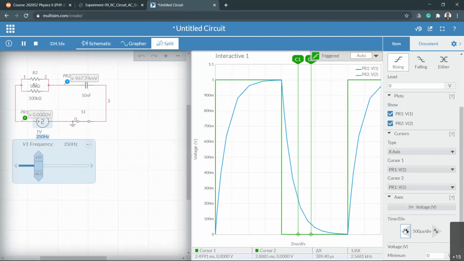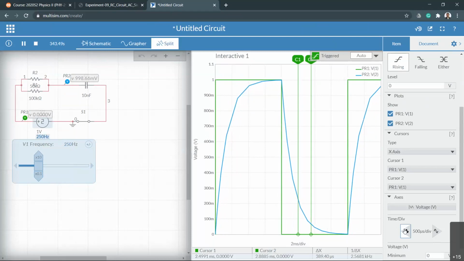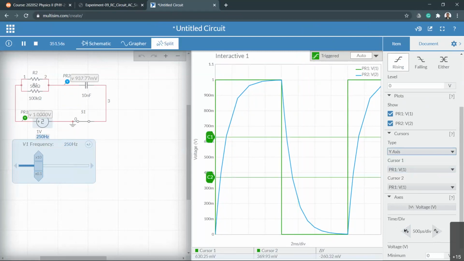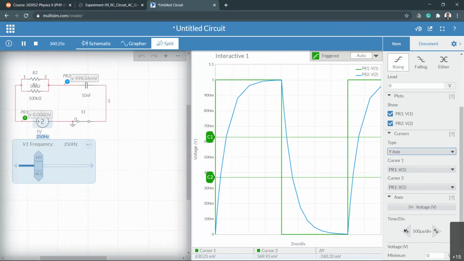All right, then let's measure. Anybody have any problem or difficulty? Now again the same thing. First put the cursor on the y-axis and bring cursor 1 to the 630 millivolt place and cursor 2 to the 370 millivolt place.